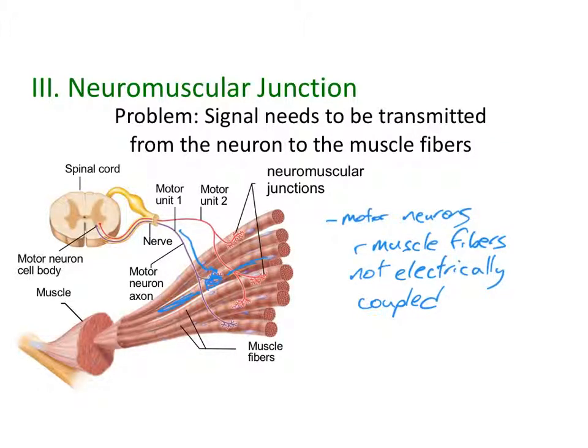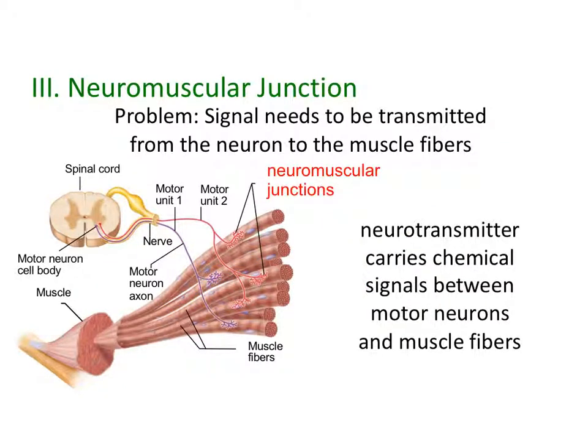So we need some way to jump that gap. To jump across, we have this process of neurotransmitters. Neurotransmitters are chemical signals that carry a signal between the motor neuron and the muscle fiber.